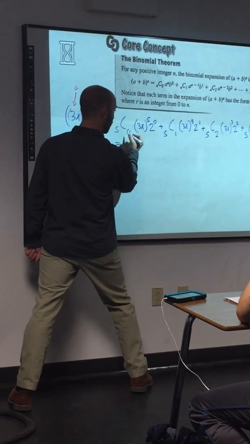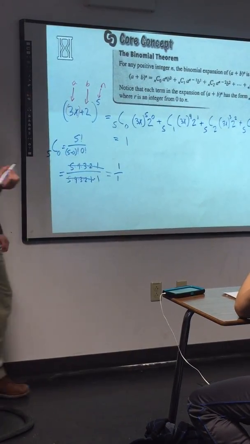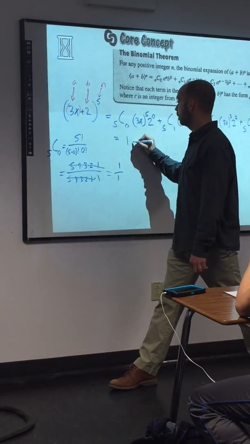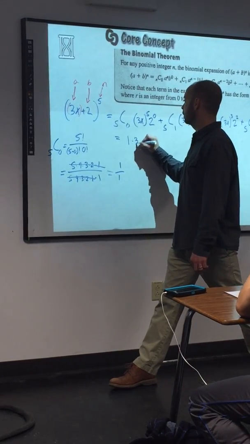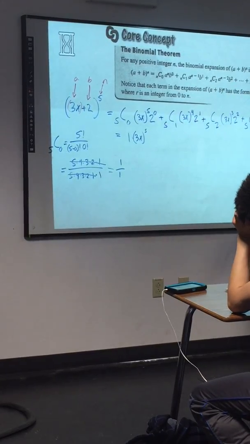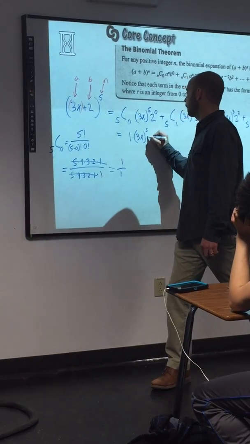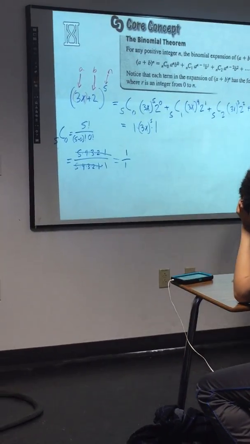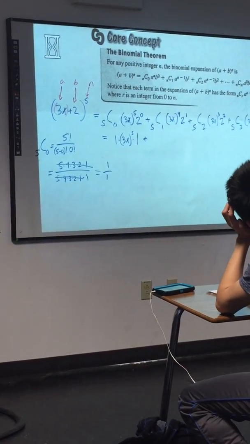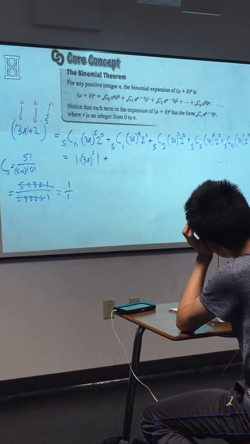So here, I'm just going to replace it with a 1. Times 3x to the 5th, which is in parentheses, and 2 to the 0 power is 1. So 1 times 3x to the 5th times 1. Plus, and continuing on and on down the line. This is a mechanical process at this point.